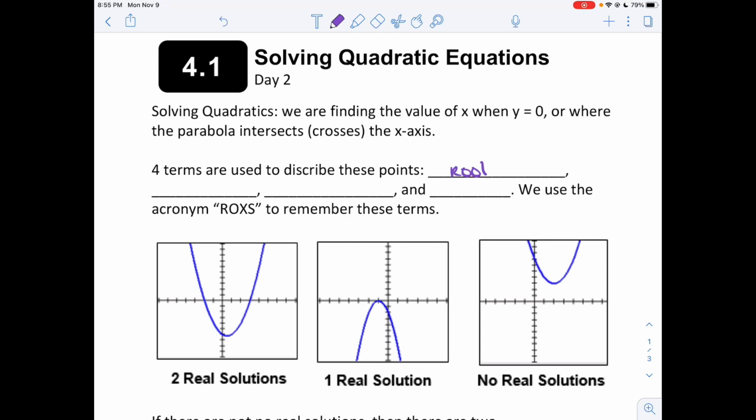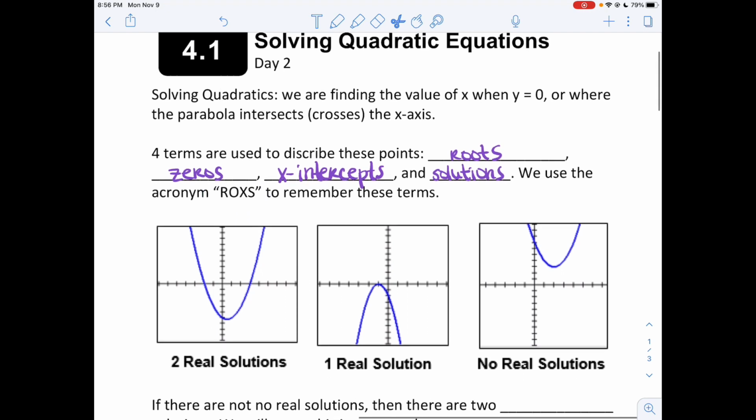One is roots, another is zeros, or x-intercepts, or finally just solutions. And so those terms will be interchangeable whenever we're talking about the solutions or solving quadratic equations. And again, ROCK stands for roots, zeros, x-intercepts, and solutions.